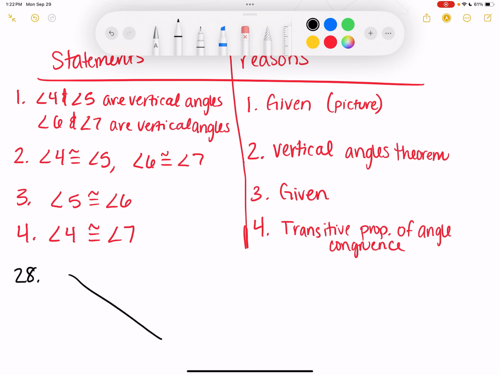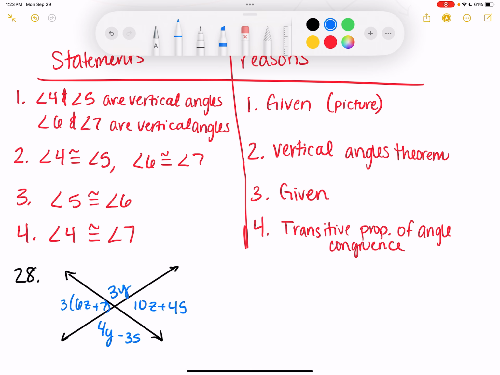They give us two lines intersecting each other. They say that this is 3y, this is 4y minus 35, this is 10z plus 45, and this is 3 times 6z plus 7.